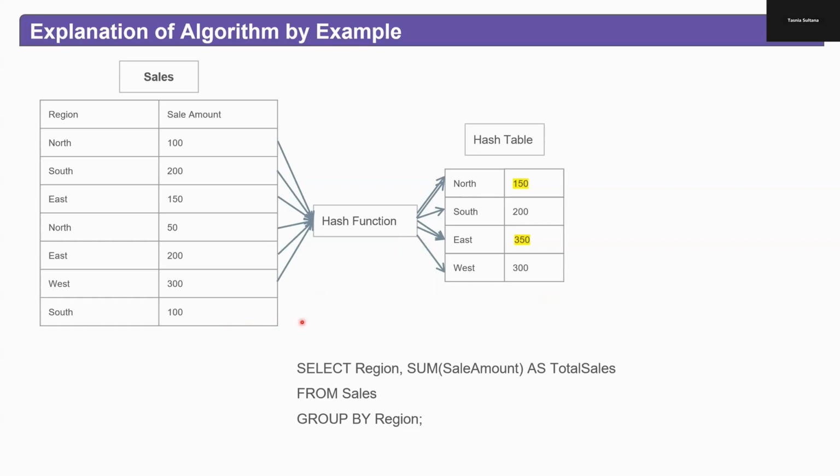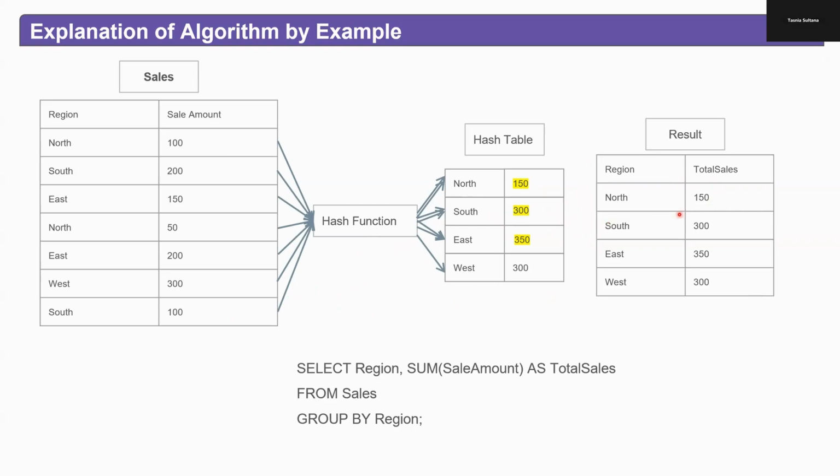And for the south, it is the same. There was an existing row for the south, so the south sales amount is updated. Once the hash table is populated with necessary values, we simply scan it and output the unique regions. The result doesn't follow any specific order as the hash table does not impose sorting.